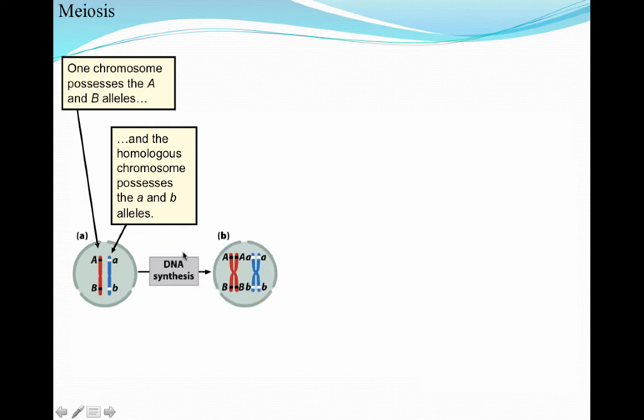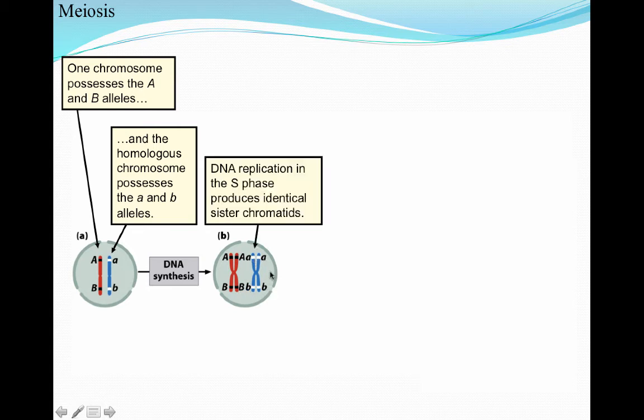Right, so as we go through DNA synthesis, or the S phase of the cell cycle, we're going to replicate that DNA. So now we have 2 copies of the big A gene, 2 copies of the big B gene, 2 copies of little a, and 2 copies of little b. So DNA replication is going to produce identical sister chromatids.